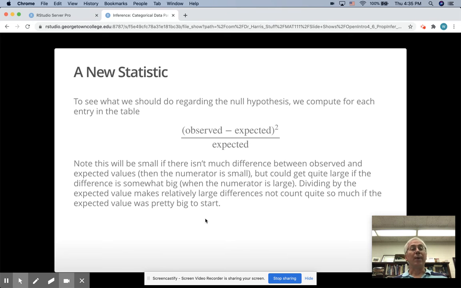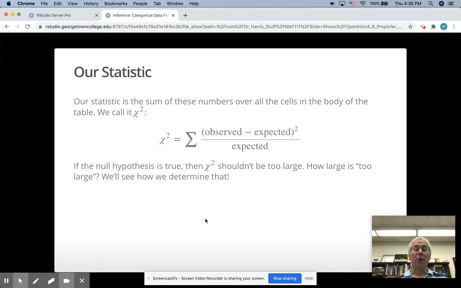And so our statistic is going to be the sum of observed minus expected squared over expected for all entries in the table. We're going to call this statistic the chi-square statistic. It's a Greek letter, a capital chi. So when the null hypothesis is reasonable to believe, chi-squared shouldn't be too big.